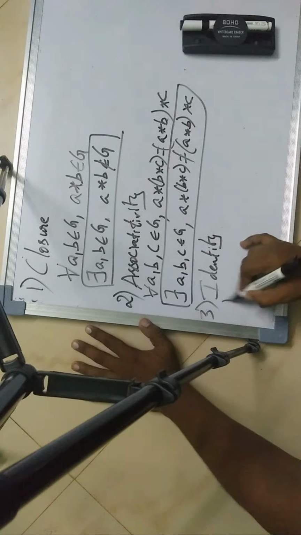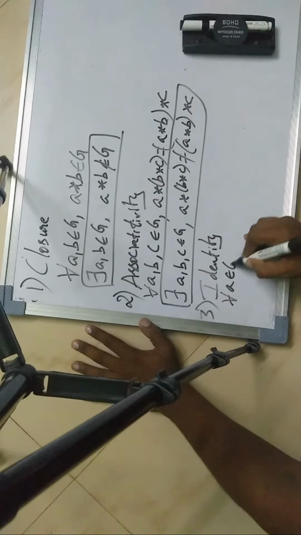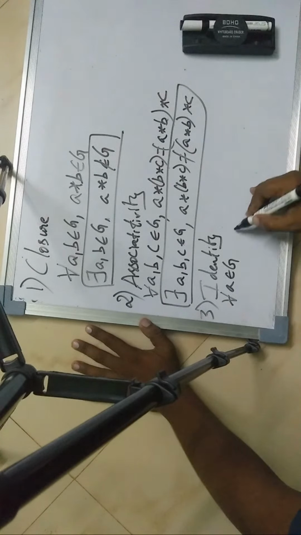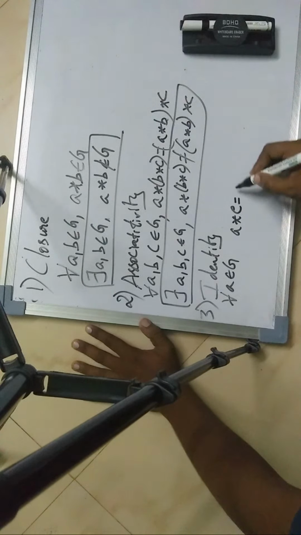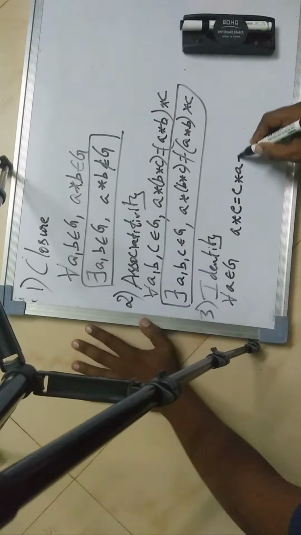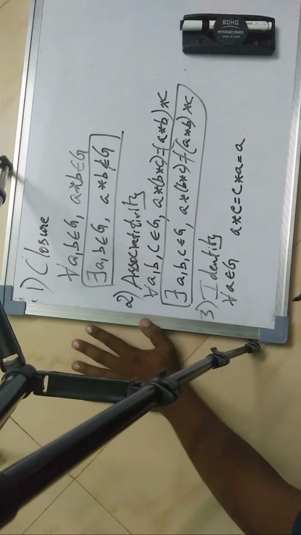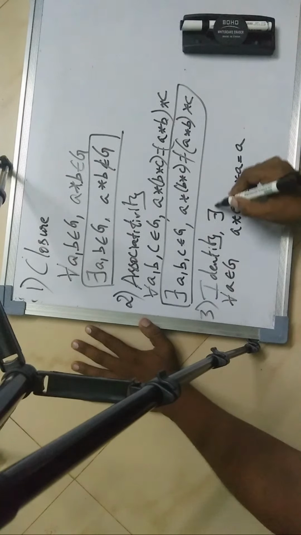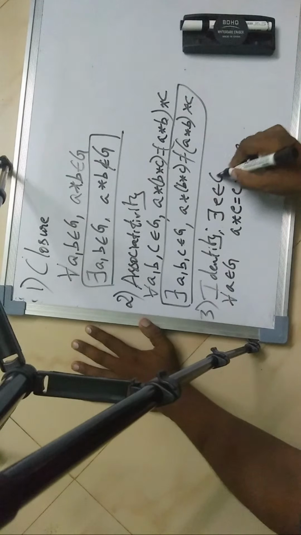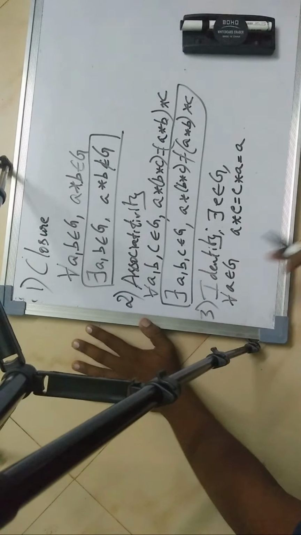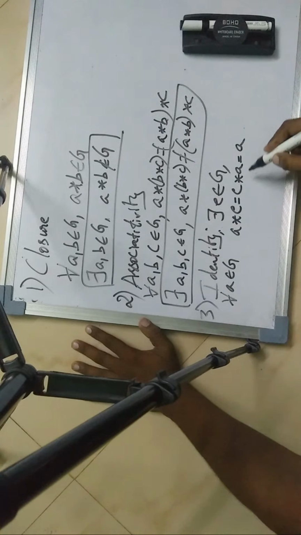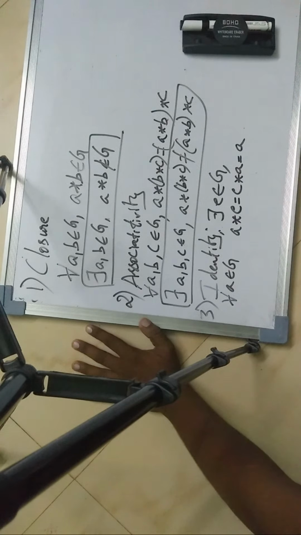So given any a in G, a star e must be equal to e star a must be equal to a. That is, you need to find one e in G such that given any a in G, a star e must be equal to e star a must be equal to a.